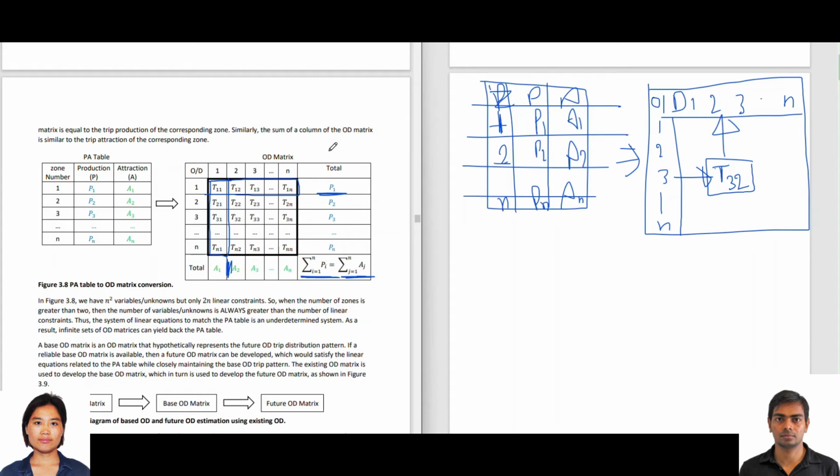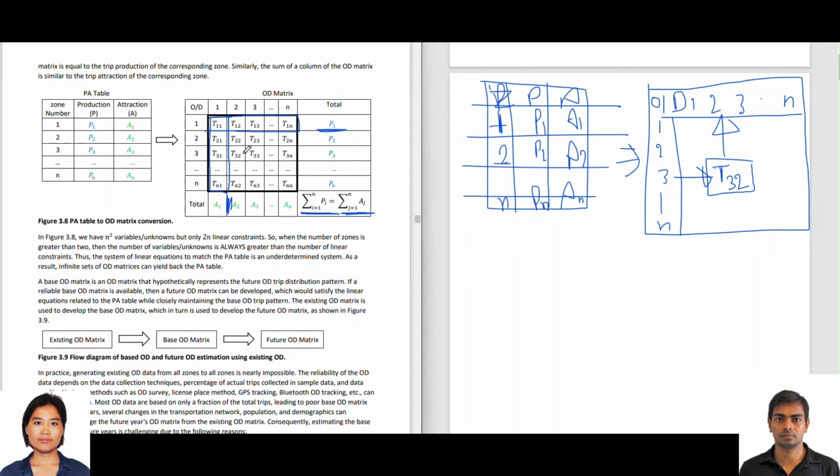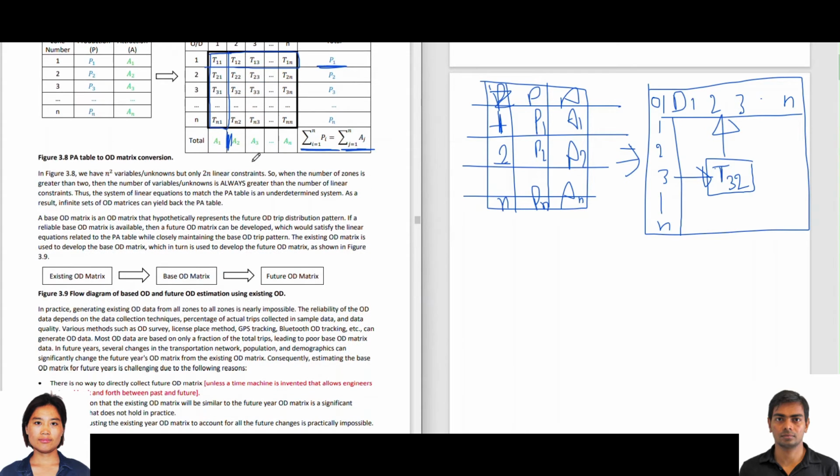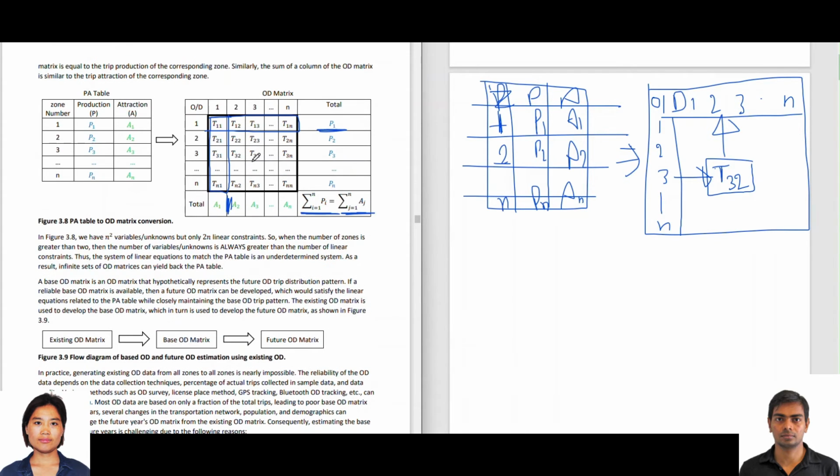Before jumping into how this table or matrix is determined, let's look at one very important characteristic of this matrix, which is given in this paragraph. This is a very important paragraph not only for trip distribution, but for many kinds of mathematical equations we come up with in practice.